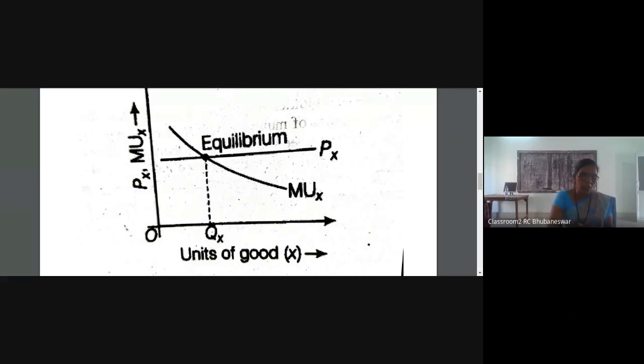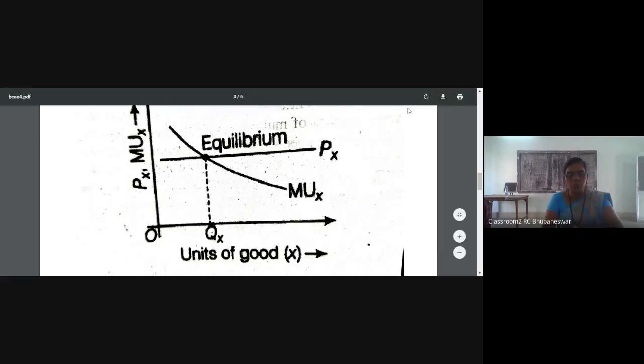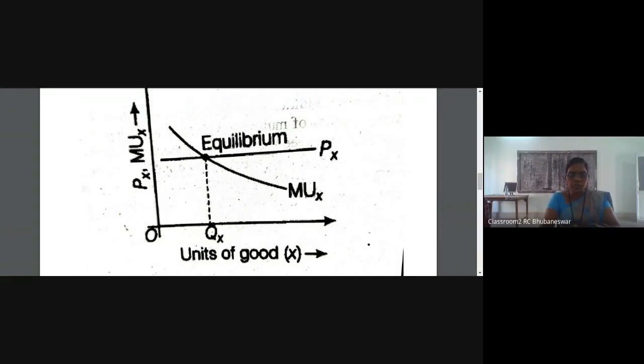Marginal utility is derived from each successive unit. In this schedule you can see that the 1st, 2nd, 3rd units give him maximum marginal utility, which is more than the price.